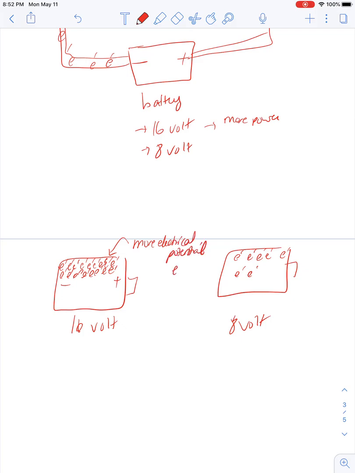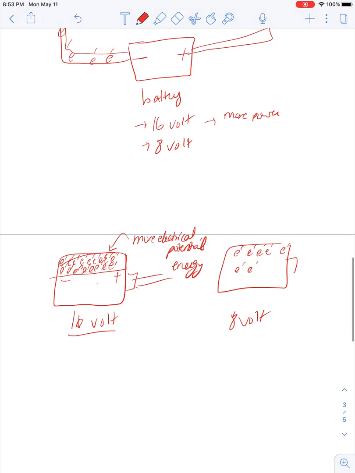Okay, that's what this means. And so when you turn this 16-volt battery on, because the electrons are so packed, when you turn the battery on, they're going to leave the battery with more force. There's so many of them, they're itching to be released. You turn the battery on, they forcefully leave through this wire. But if you have an 8-volt battery and these electrons are not as densely packed, when you turn the battery on, these electrons will leave, but with less force.